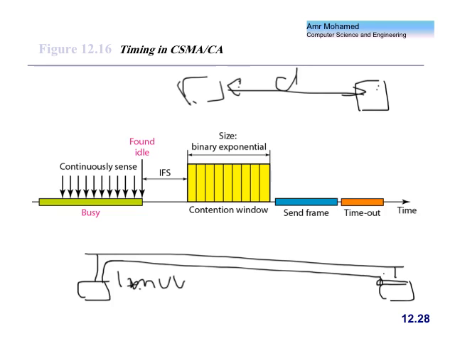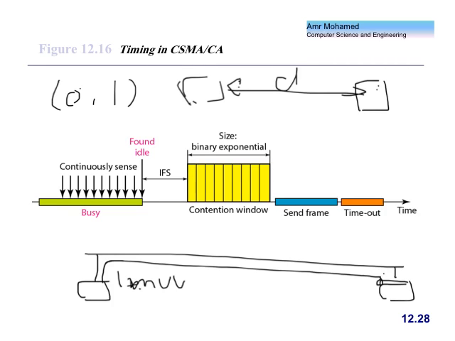So again, the first time we'll use k equal 1, which means that we have a window of 0 or 1. Every one of us will generate a random number, which means that if this random number is 0, I will send at this point. If this random number is 1, I will wait for one time slot and send in this point here.